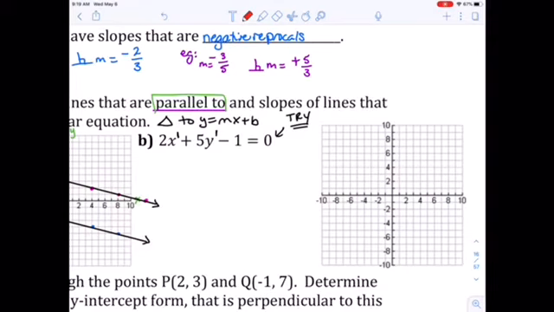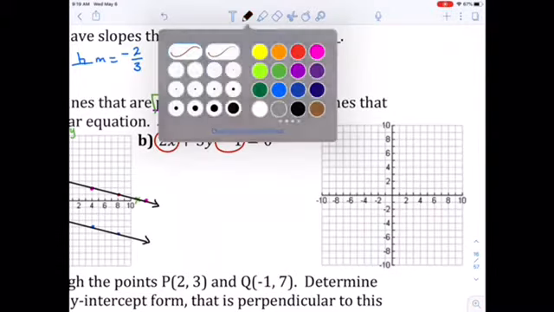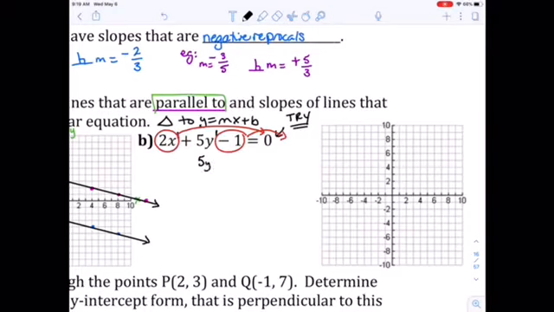Okay, in order to change this to y equals, we're going to move over everything that is not with the y to the other side of the equation. And when I move it over, the sign changes. So on the left-hand side, we are left with our 5y.